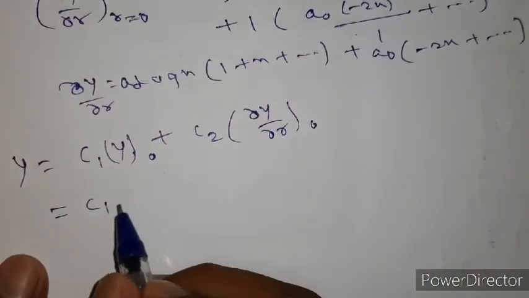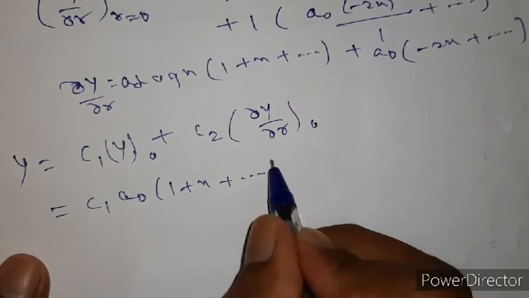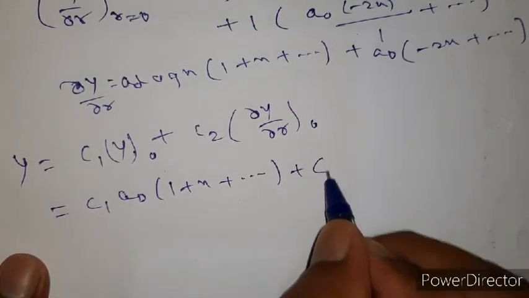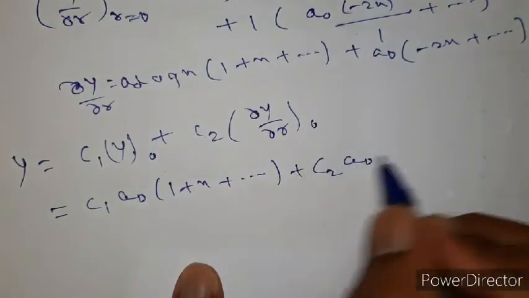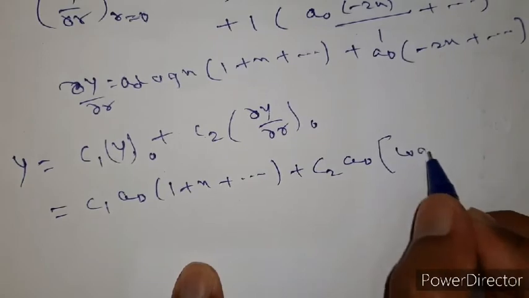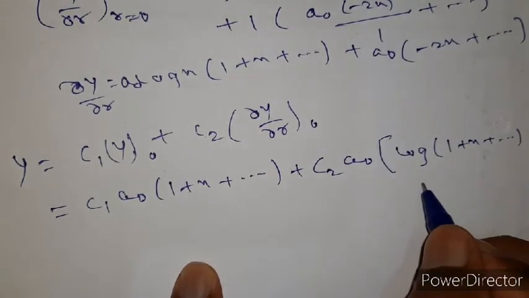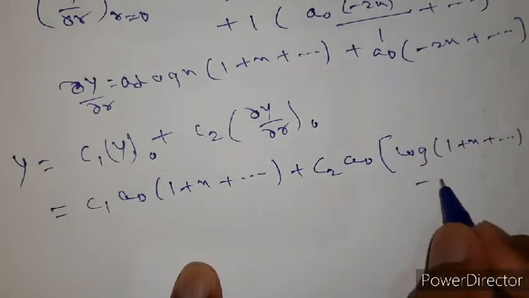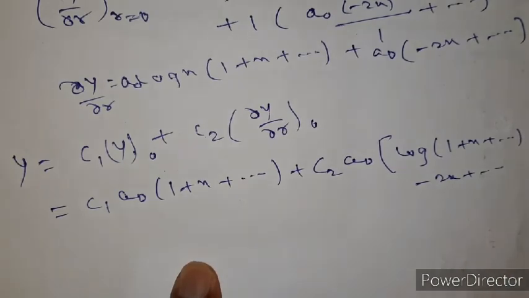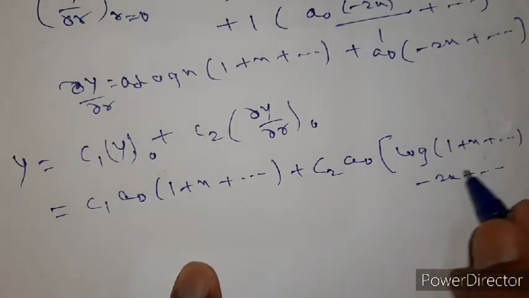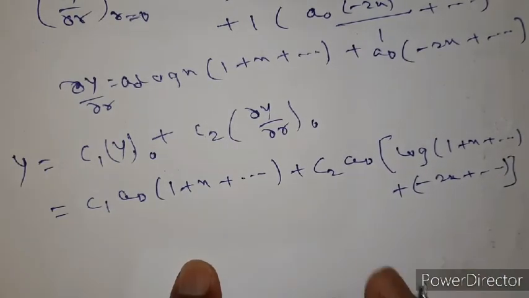Write down that a0 into 1 plus x plus dot dot dot, right, plus c2, this value a0 in bracket log x (1 plus x plus dot dot dot), again here minus 2x plus dot dot dot.